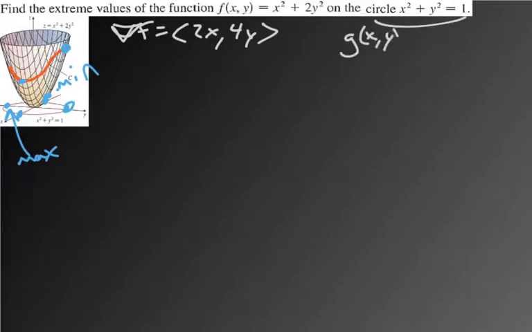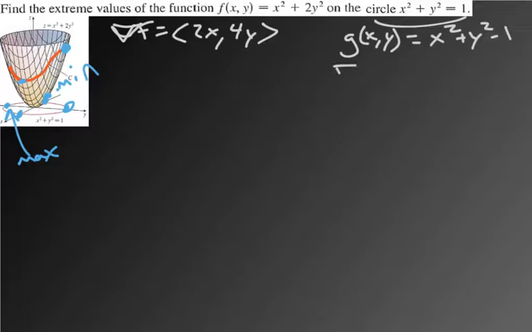All right. So let's just start by finding the gradient of f. Gradient of f is going to be 2x and then 4y. All right. And then I'm going to do the same kind of trick here. I'm going to think of this as a function of xy, which I'm just basically going to move the 1 over. So this is where I'm sort of imagining pulling this up into the higher dimension.